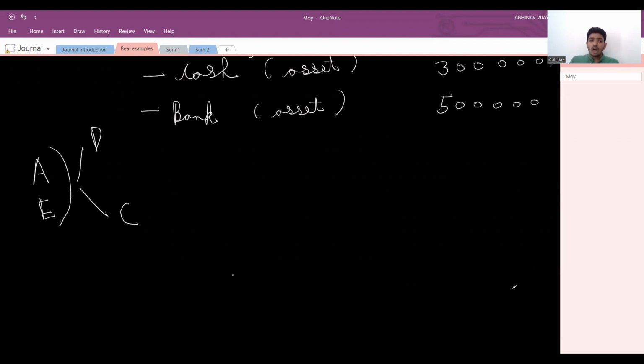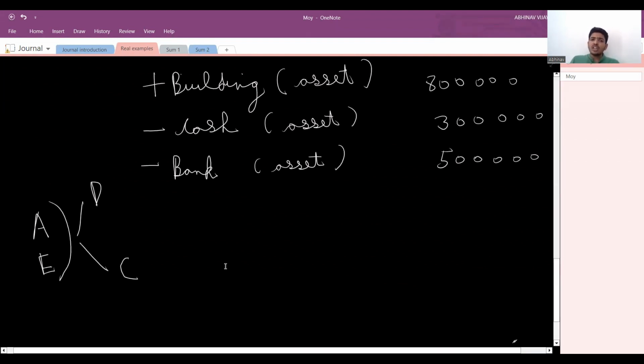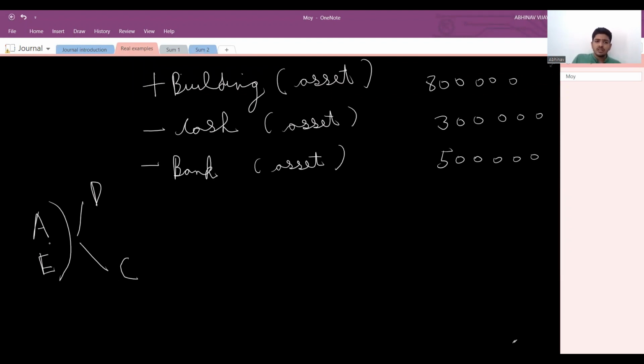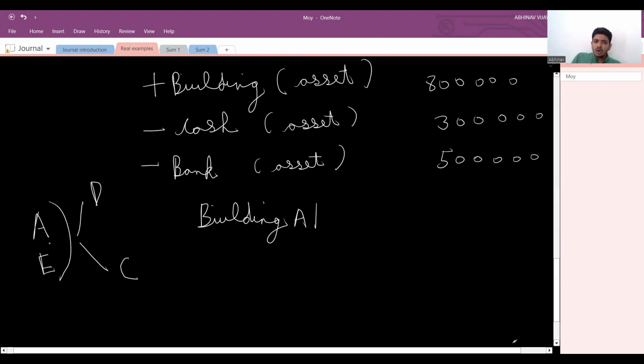Now, let's solve it. All we need to do is convert this logic into journal entries. First part, building is an asset. When an asset increases, it will be debited. Building, what is the format for debit? Building account debited to 8 lakhs.